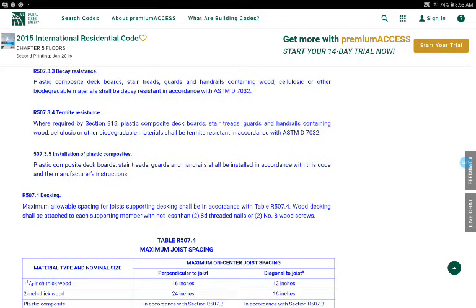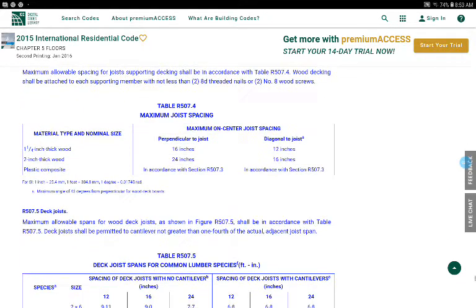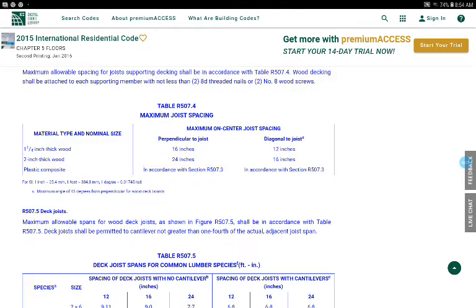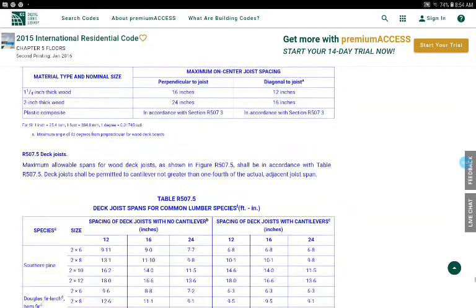But what I wanted to tell you is pay attention to manufacturer's instructions, because that is what's going to tell you whether you can be 16" on center or 24" on center. Manufacturer's instructions. So basically that's what it's saying here: when you see this, it's telling you to go up here and look, but what it tells you is see your manufacturer specifications.